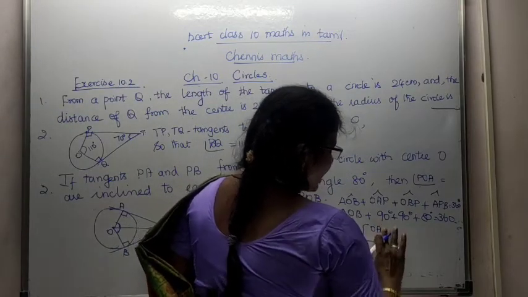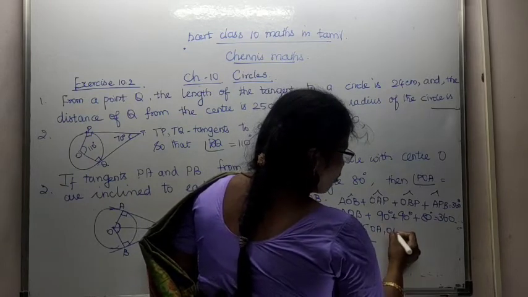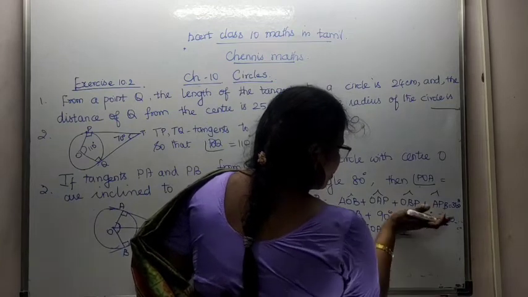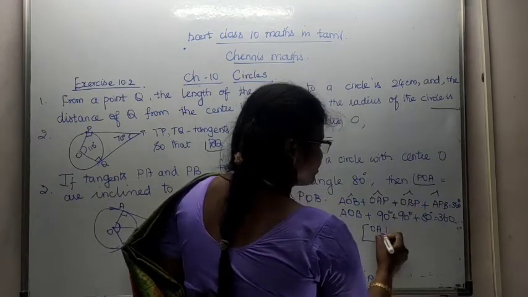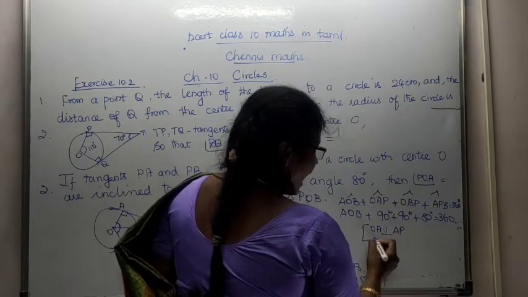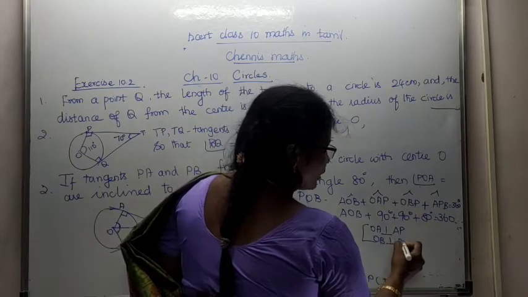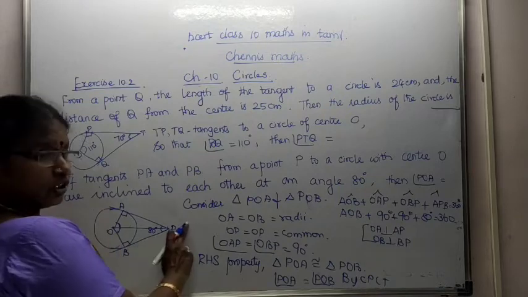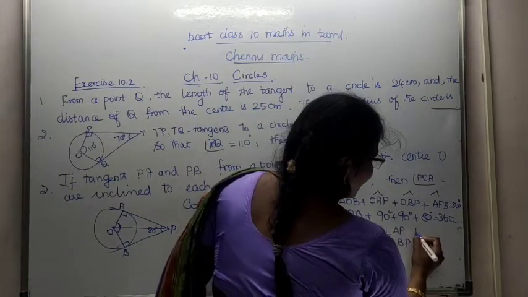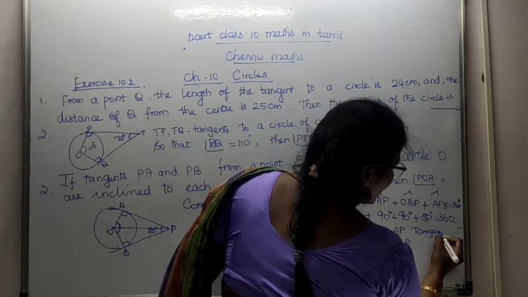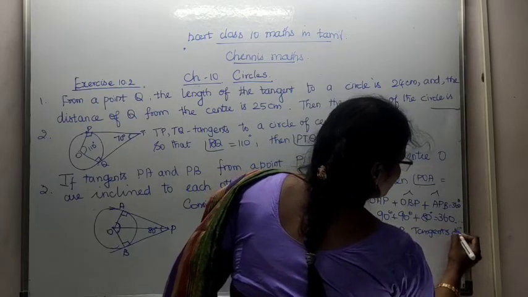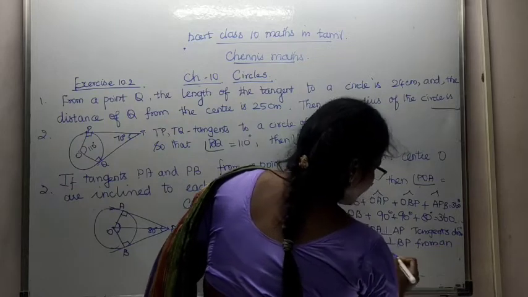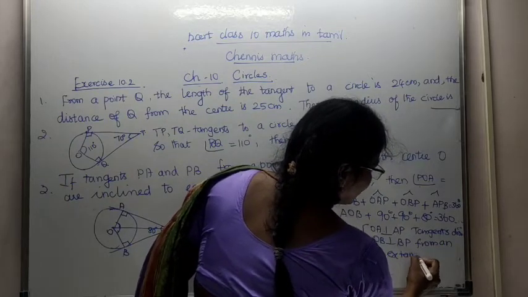Since OA and OB are perpendicular to PA, OA is perpendicular to AP and OB is perpendicular to BP, since they are tangents. Tangents drawn from an external point are equal.